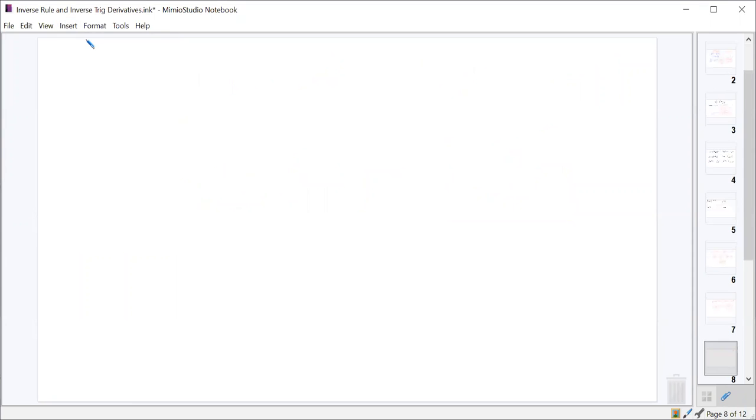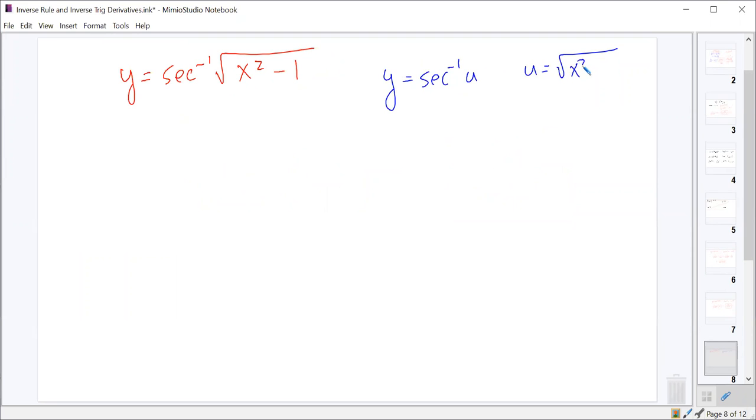I think that last one on that page was the inverse secant of root x squared minus 1. So this is the inverse secant of u with u equal to root x squared minus 1.